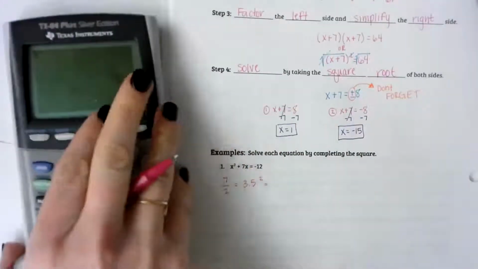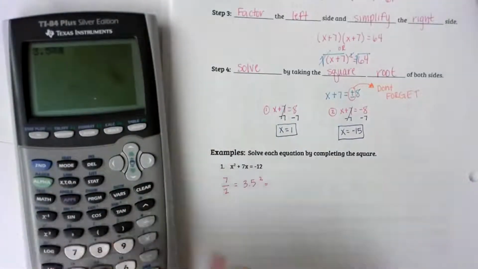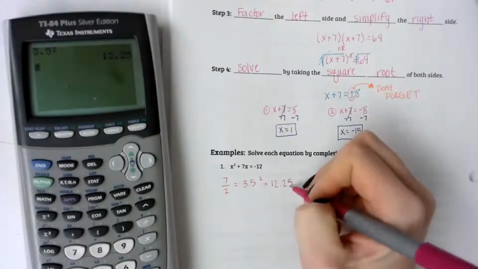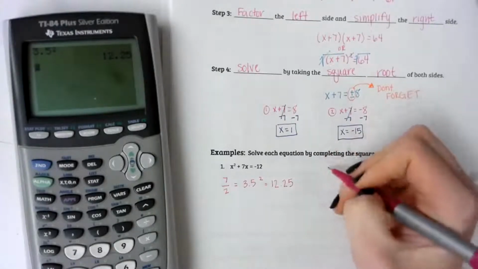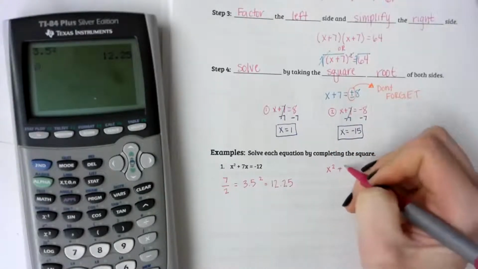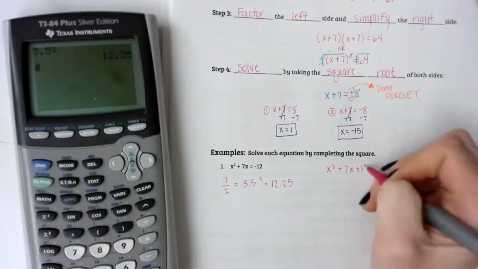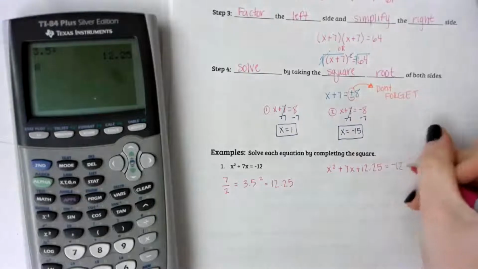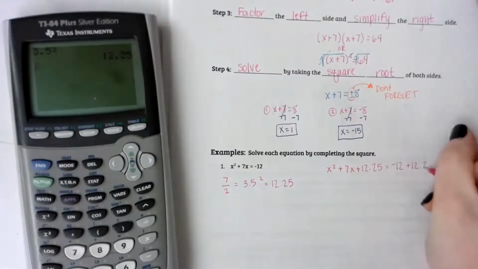So 3.5 squared is 12.25. So I've got x squared plus 7x plus 12.25 equals a negative 12 plus the 12.25.